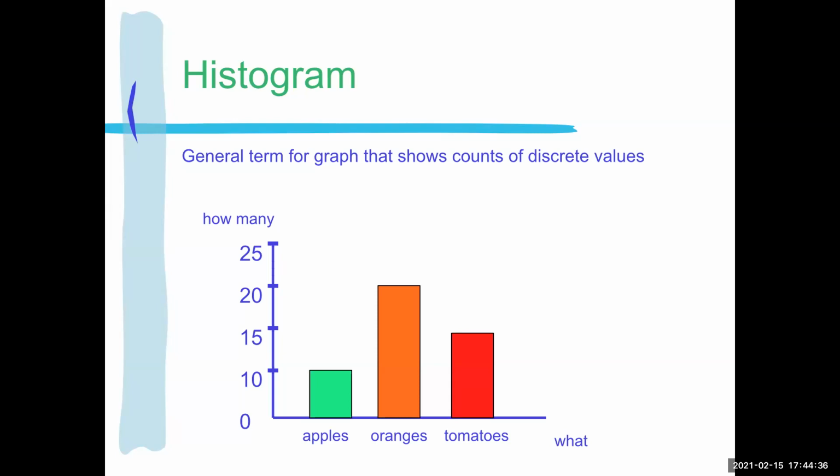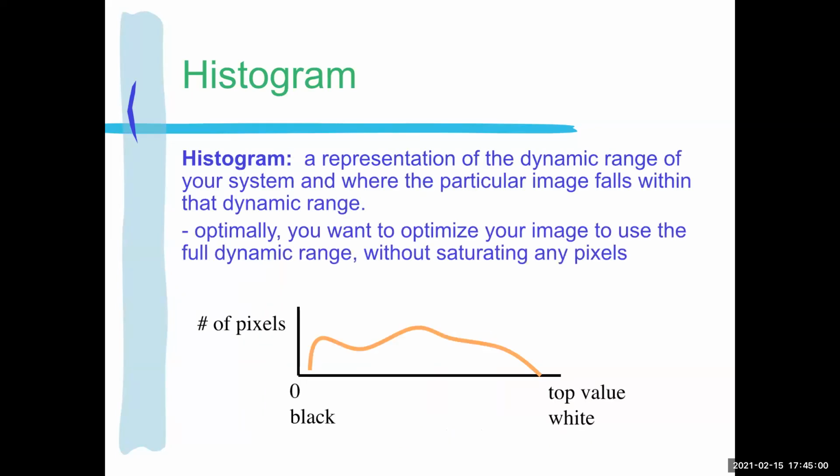Tomatoes are kind of in that in-between category, right? Biologically a fruit, nutritionally a vegetable. Okay, so a histogram is just a display of things that you have counted. So in microscopy, what are the things that we are counting in our histogram? We are counting gray levels.